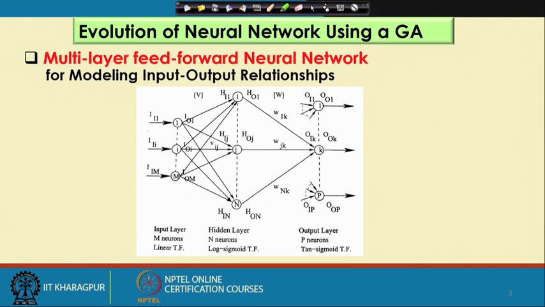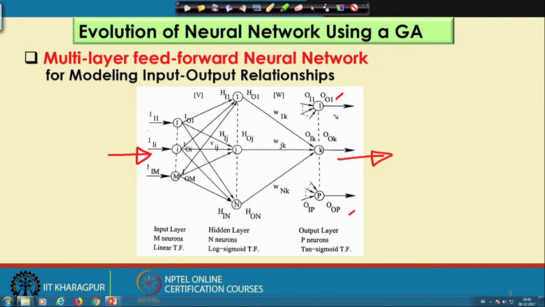Now, till now whatever I have discussed, I have passed one set of inputs here, and using this transfer function, then connecting weights and everything, I am getting the set of outputs. For example, say I am getting O_Ok, k varies from 1 up to p. So, we have got p number of output neurons, and we have got some target output.